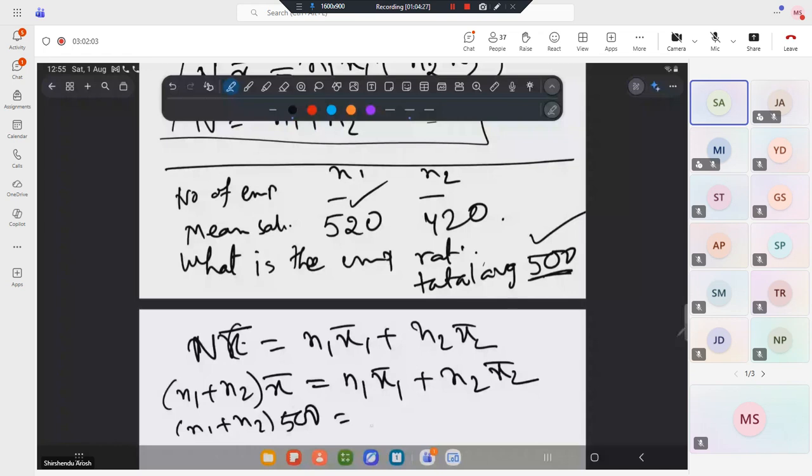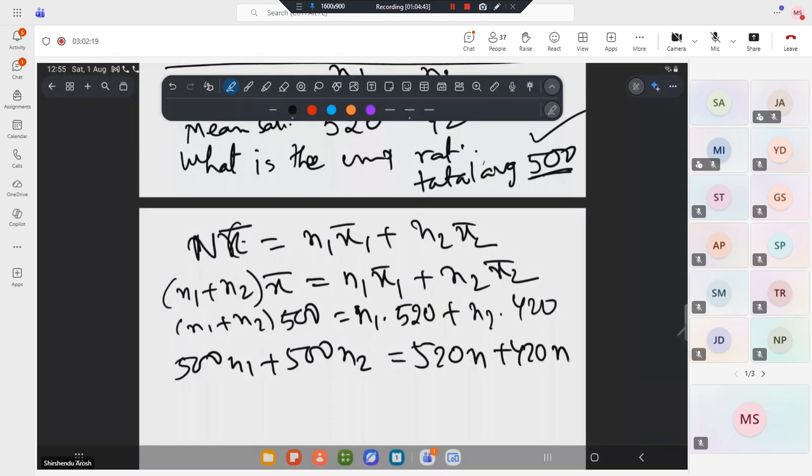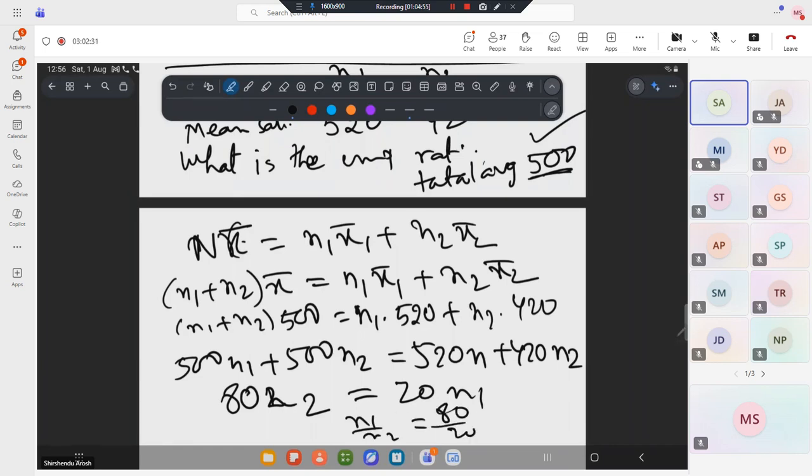This we know: n1 into 520 and n2 into 420. Now, of course, a little bit of algebra. So 80 into n1 equals 20 into n2, so n1 by n2 should be 20 by 80, that is, 4 by 1. 4 to 1 is the ratio. Like this, simple problems.